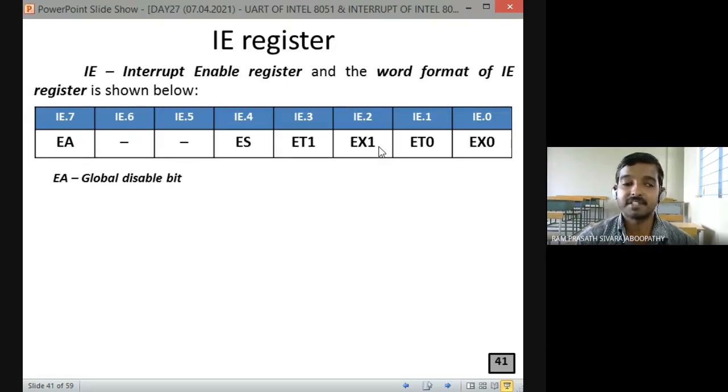Global Interrupt Disable Bit. If you reset this bit, that is, make EA 0, what is the meaning? Irrespective of the 5 bits you have given, it does not depend on them. All interrupts are going to be disabled.